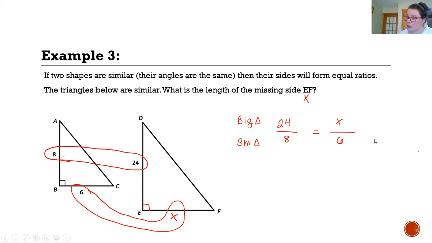I'm going to show you another way you can write it. 24 times 6 is going to be equal to 8x. 24 times 6 leaves us with 144 equals 8x. Divide both by 8, and x equals 18.